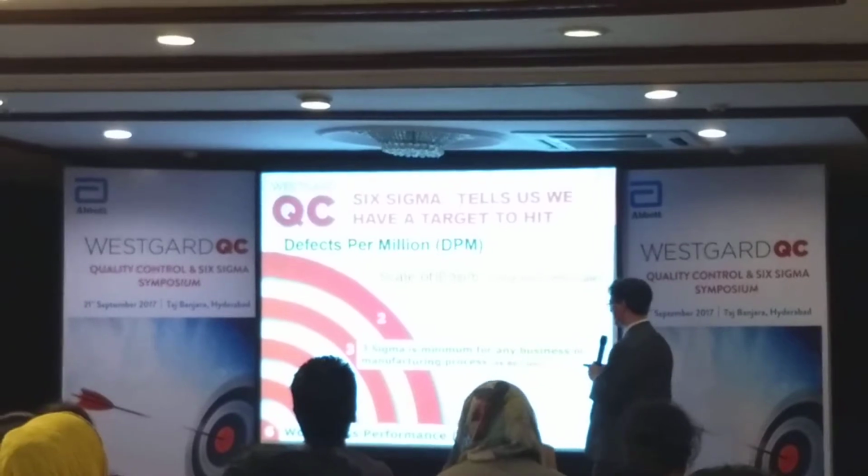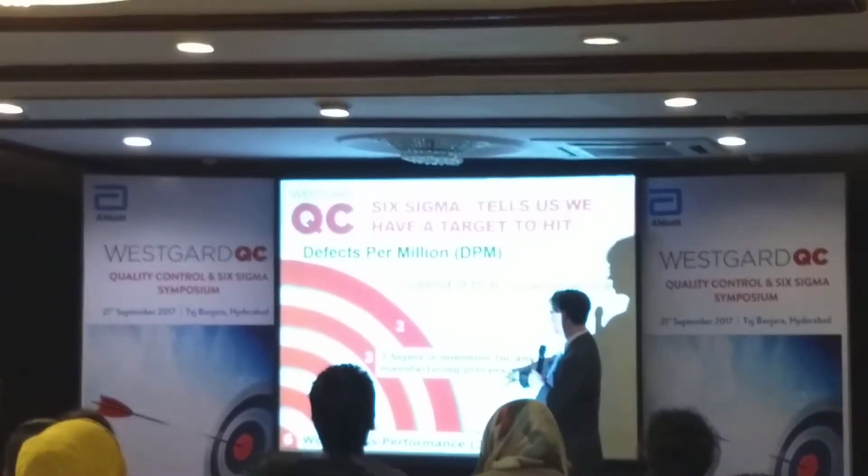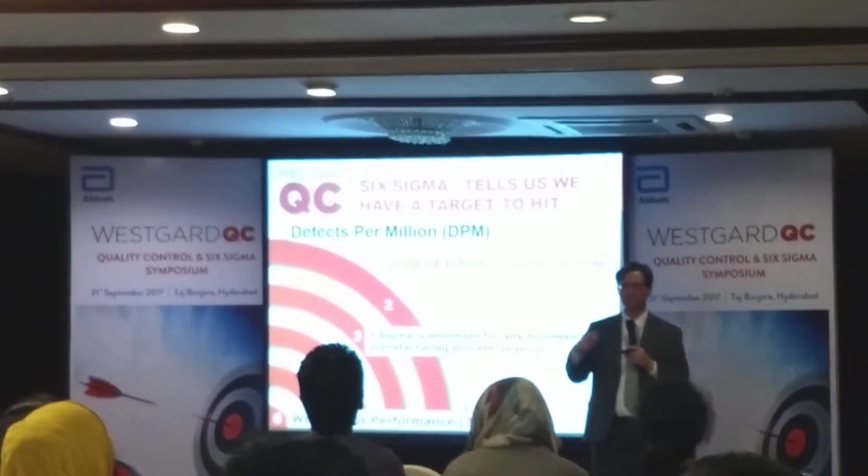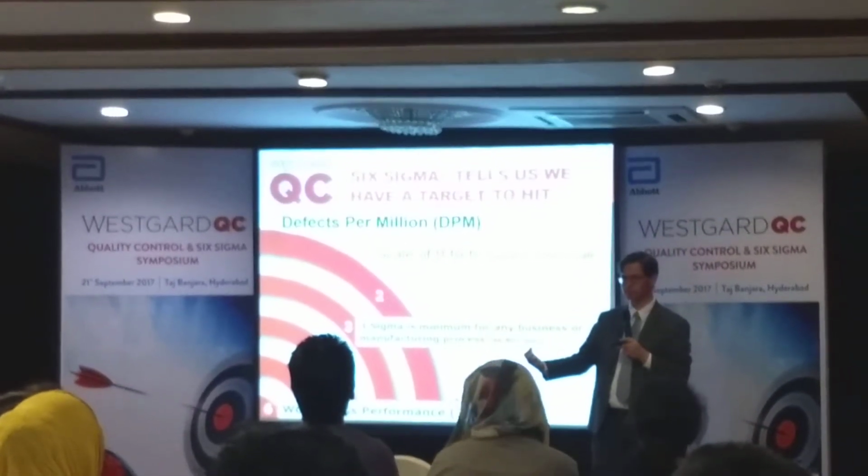3 Sigma, again, usually the minimum level acceptable performance is 67,000 false positives and false negatives per million reportables.